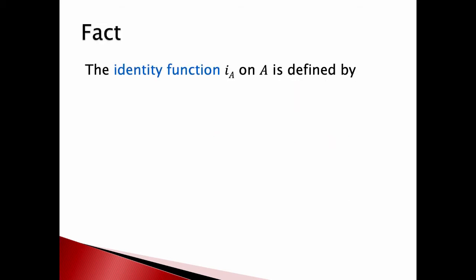You can also define the identity function on a set. This is really cool. There's lots of ways to write this. Some people write it with a capital 1. I'm going to use a little lowercase i with a subscript A. This function just takes an element of A and spits it right back out. So the identity function gives you identically what you plugged into it.